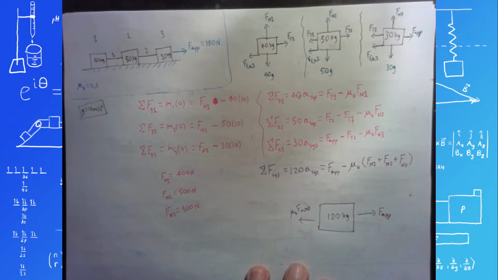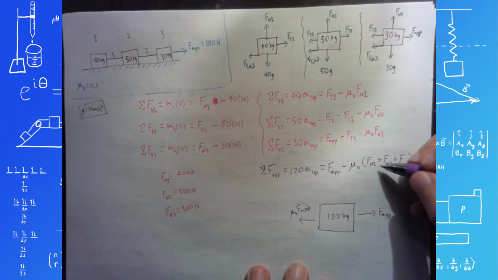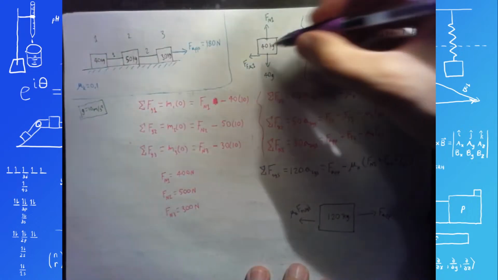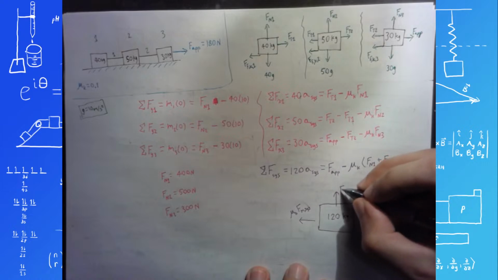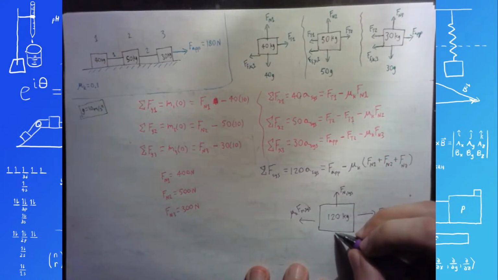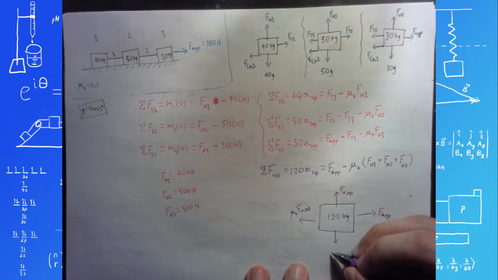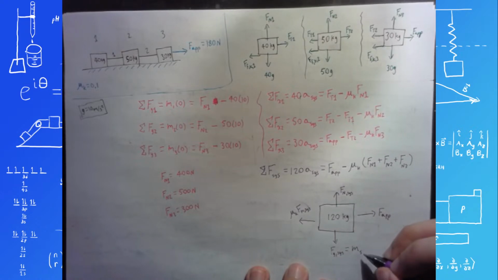And the normal force on the system would just be the sum of the three normal forces on the individual parts. So normal force system would just oppose the gravitational force on the system, which is equal to the mass of the system times g.